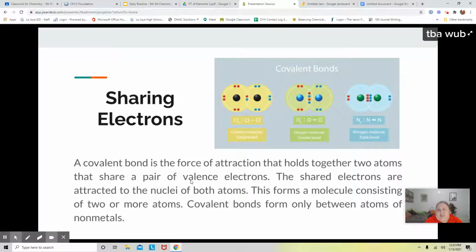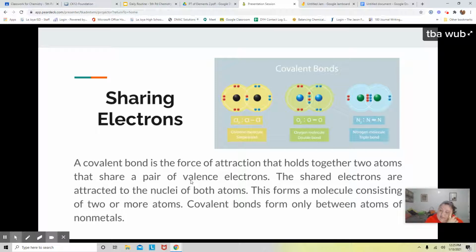That's not the case for covalent. Covalent compounds share electrons, but they share them a lot more differently. In metallic bonds, all the electrons are being shared by all the atoms. That doesn't happen here. Here we're talking in terms of a certain amount of atoms.